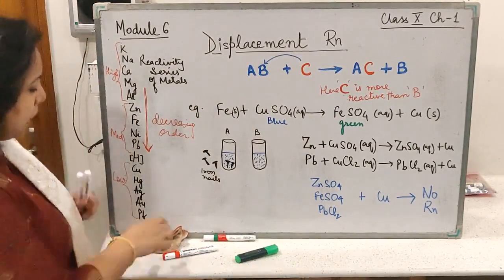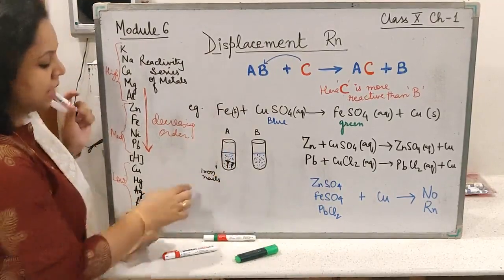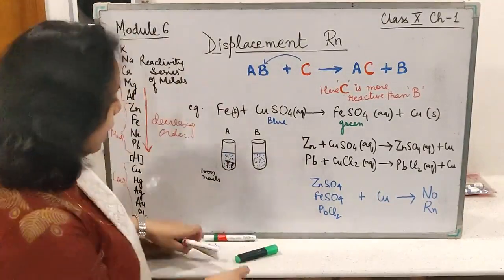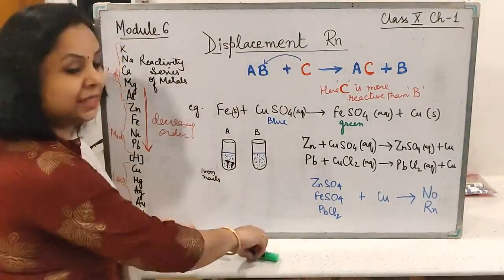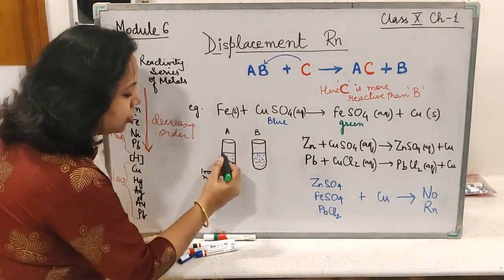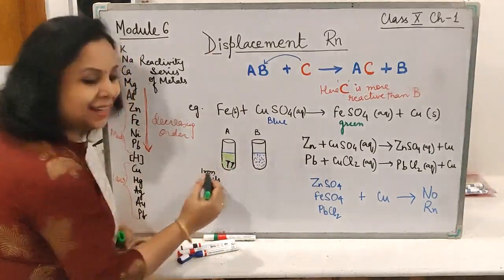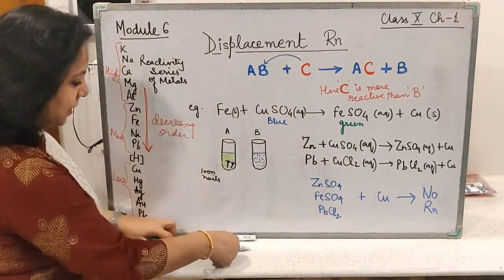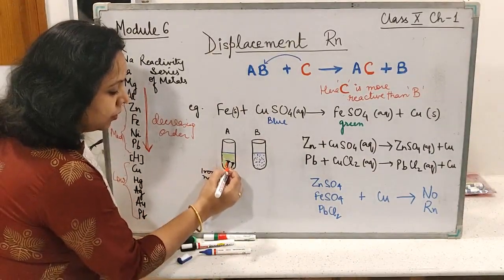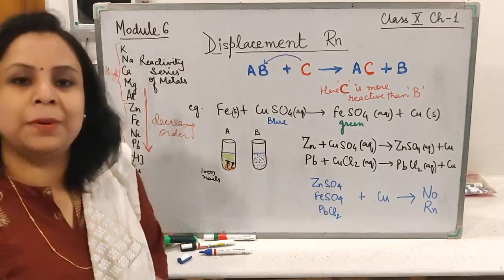for some time. Now, after about an hour or so, what will we observe? We will observe that this blue color solution has now changed to pale green in color, and these iron nails show some deposition of copper metal.